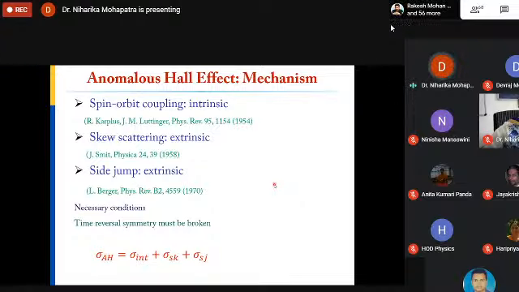The intrinsic mechanism was first given by Karplus and Luttinger, and that involves spin-orbit coupling, whereas the extrinsic mechanisms were subsequently proposed. In this case, the necessary condition is that time reversal symmetry must be broken, so the system must have some magnetization.